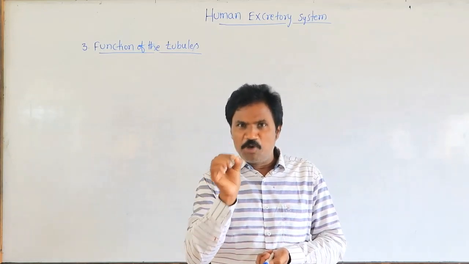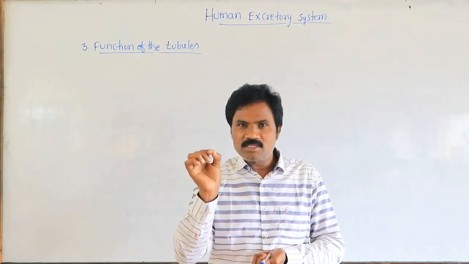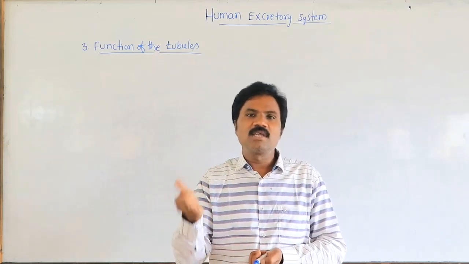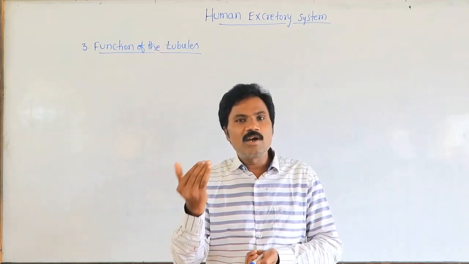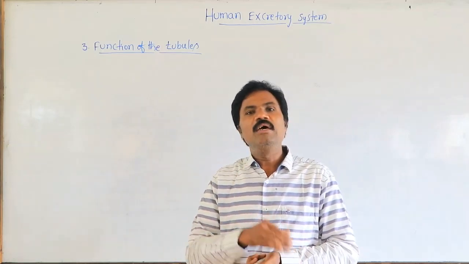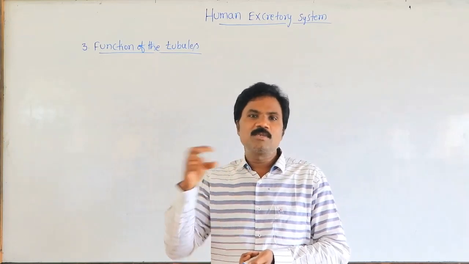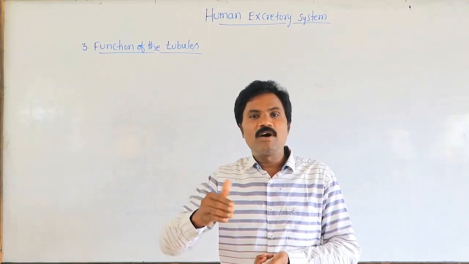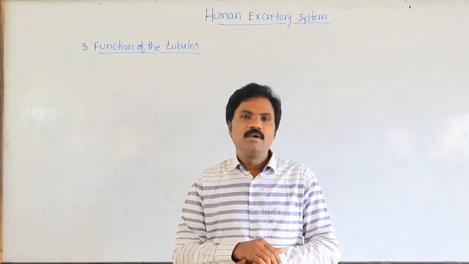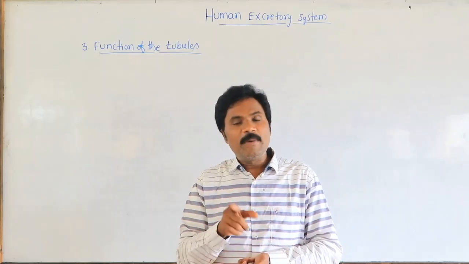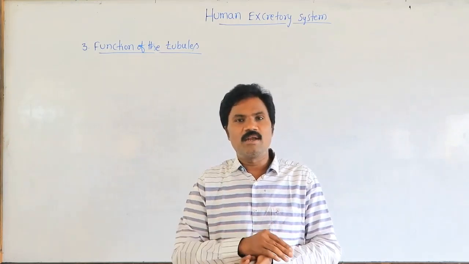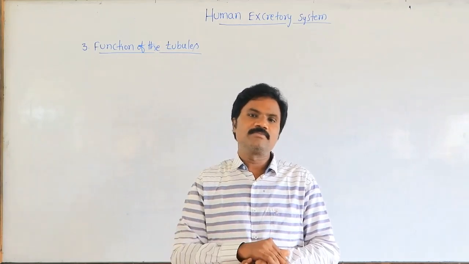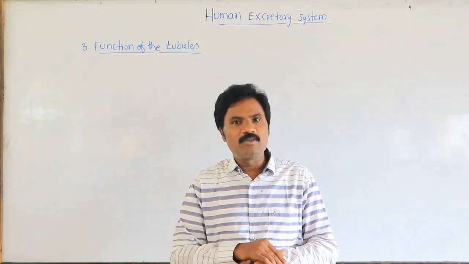Nutrients like glucose, proteins, that is amino acids, as well as fatty acids, minerals, vitamins, along with electrolytes, water, sodium, and chlorine are reabsorbed through the active mechanism. What is the passive mechanism? Nitrogenous waste materials like urea and uric acid are reabsorbed passively. So two types of mechanism take place.